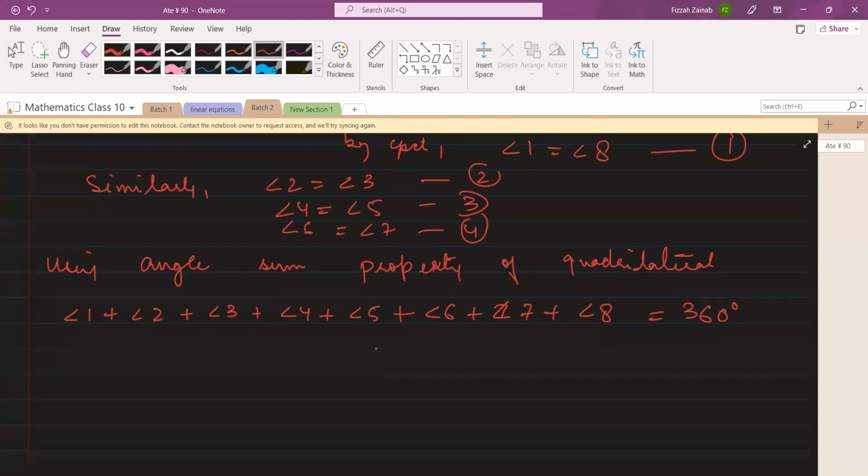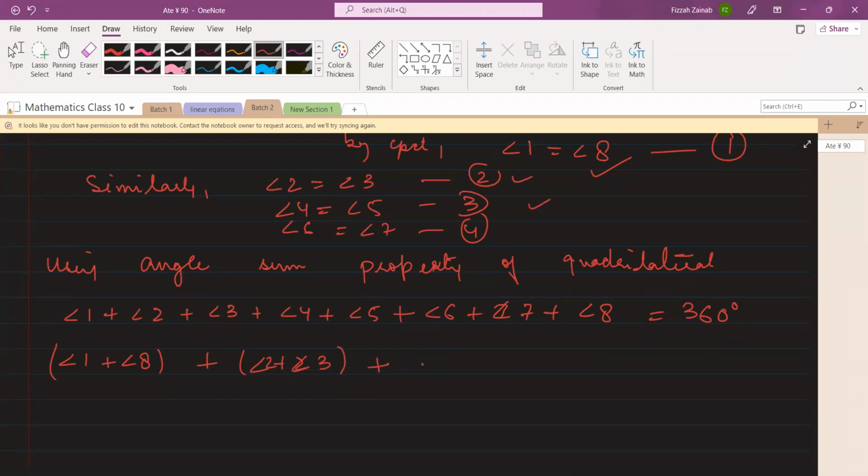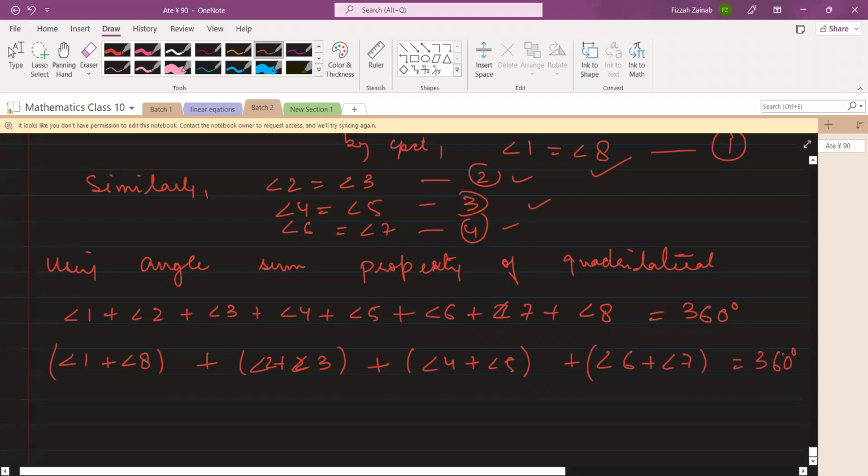So what is the relationship? 1 and 8 are equal, so you can just club them quickly. 1 and 8 make one pair, then 2 and 3 make a pair, 4 and 5, and 6 and 7, is equal to 360 degrees, right?